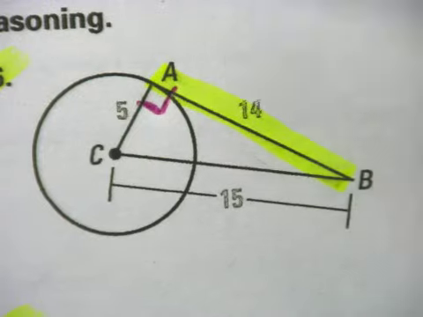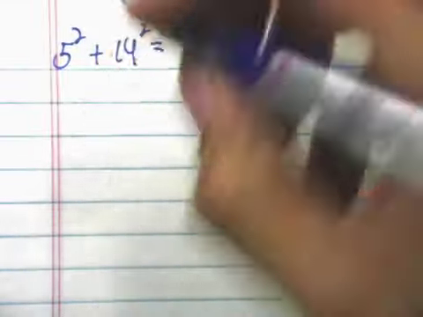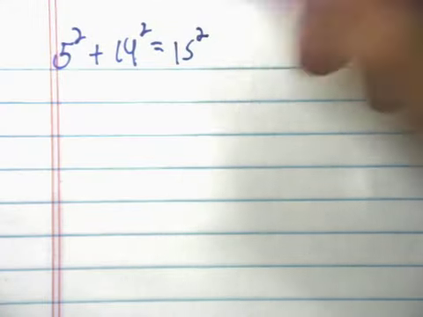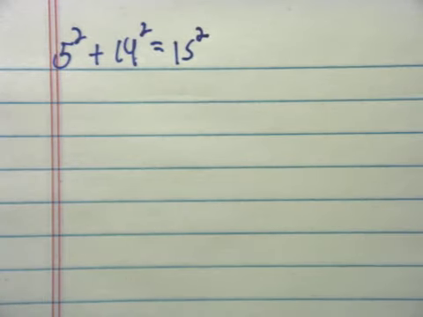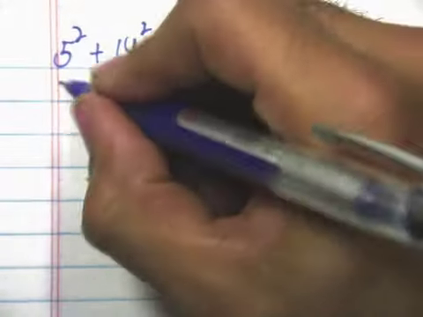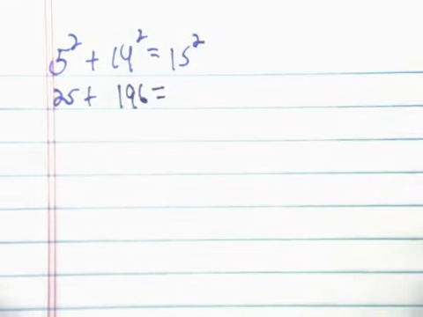Let's take a look here. Let's set up the Pythagorean theorem. 5 squared plus 14 squared should be equal to 15 squared if it in fact works.